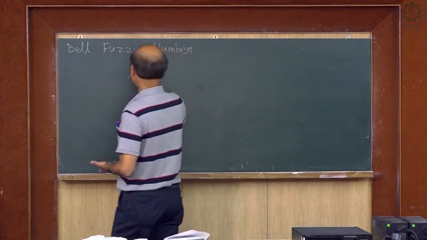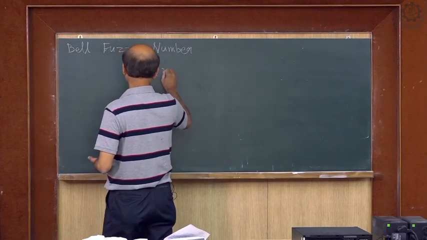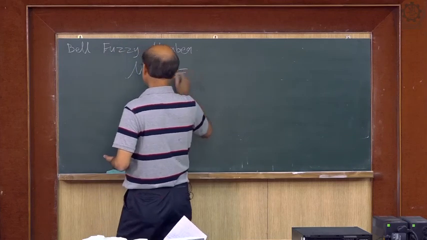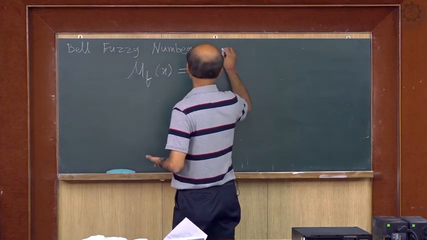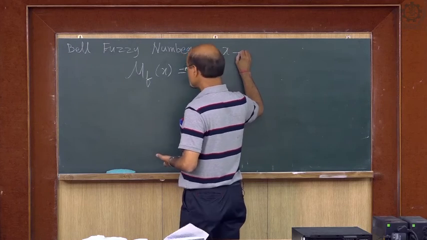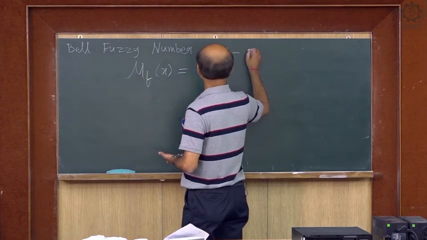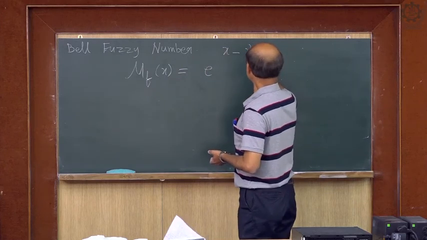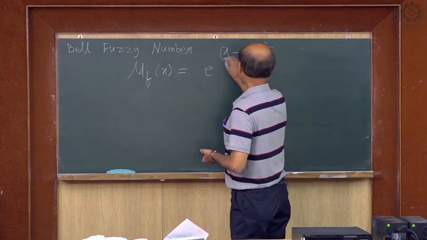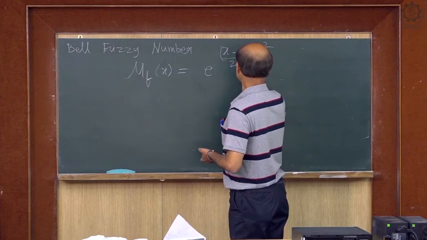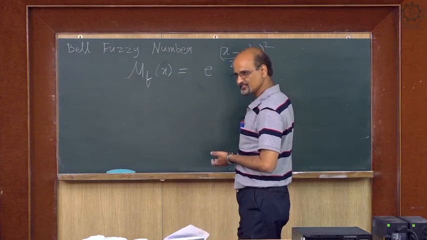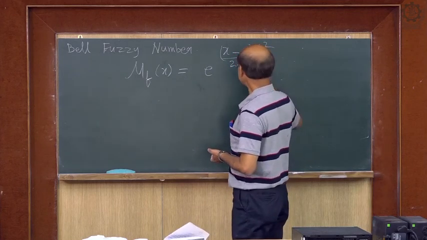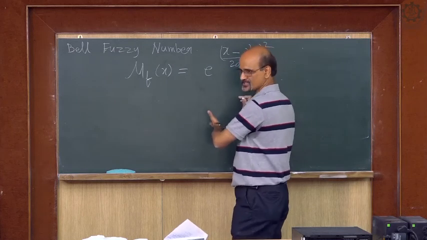Okay? So, here that function I write, mu f x is e to the power minus x minus, do not use mu because mu is already there, nu f whole square by 2 sigma square. This is sometimes called a Gaussian fuzzy number also.